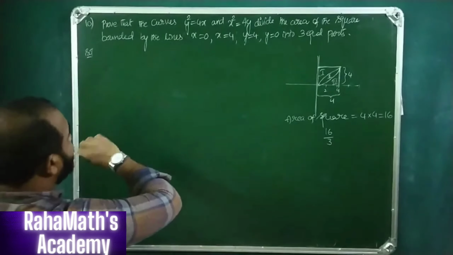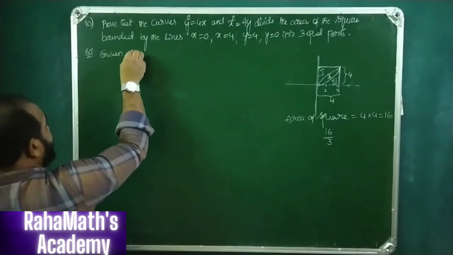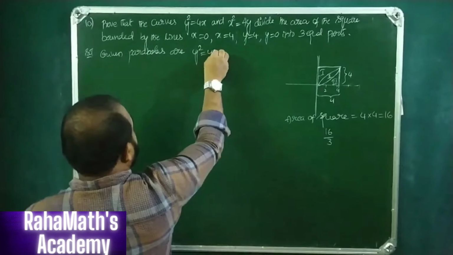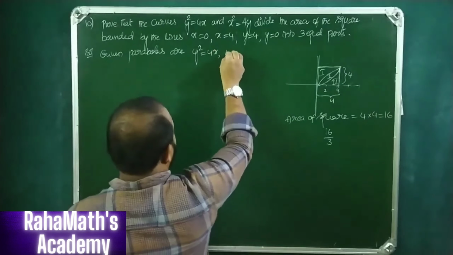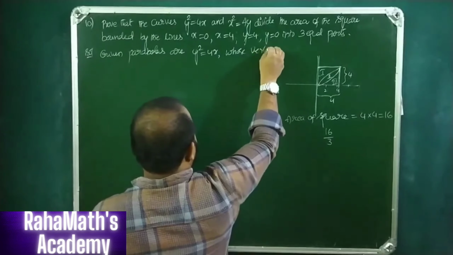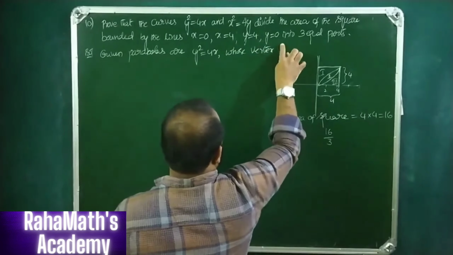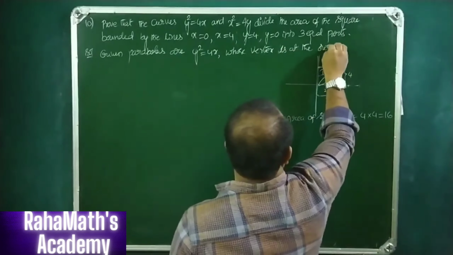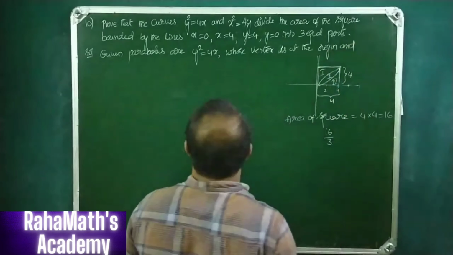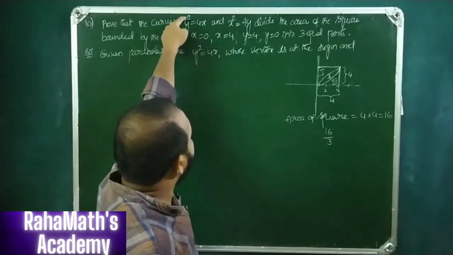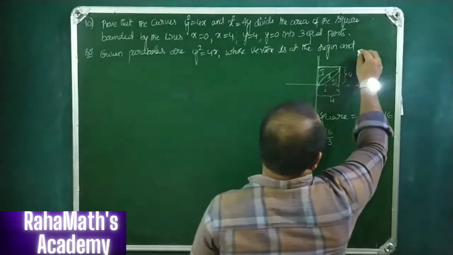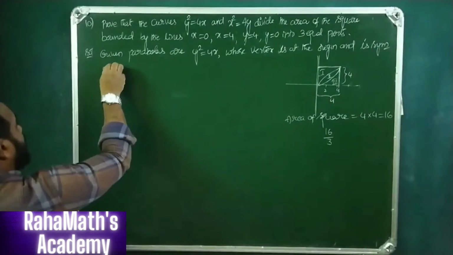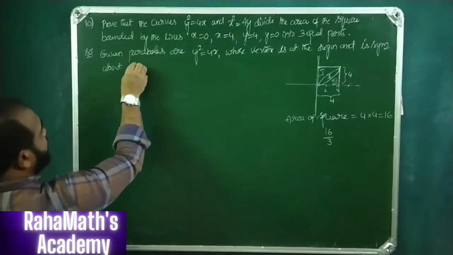So the given parabolas are y square equals to 4x, whose vertex is at the origin, and y power even, symmetric about the x axis, positive x axis.